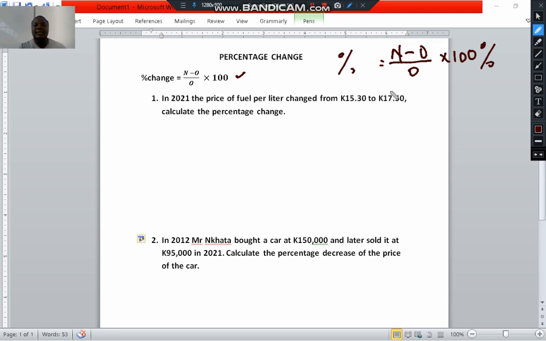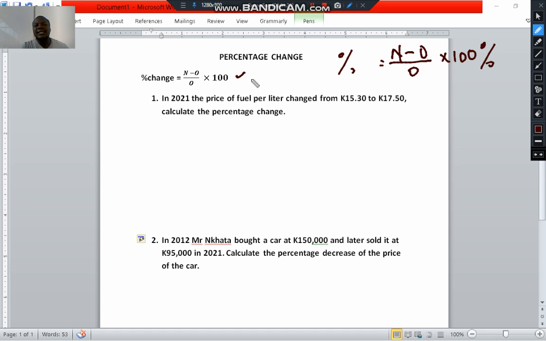It says, in 2021, the price of fuel per liter changed from 15 kwacha 13 ngwe to 17 kwacha 15 ngwe. Calculate the percentage change.